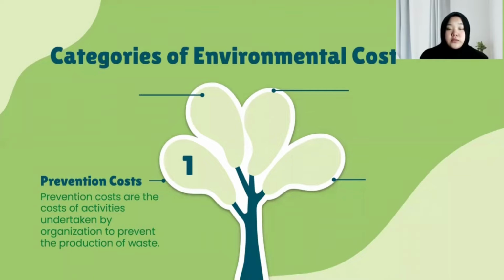It is also called an investment. Preventing environmental damage is a matter of educating everyone in the company on how to do their job without harming the environment. Prevention activities include evaluating and selecting pollution control equipment, designing processes, and developing environmental management systems.